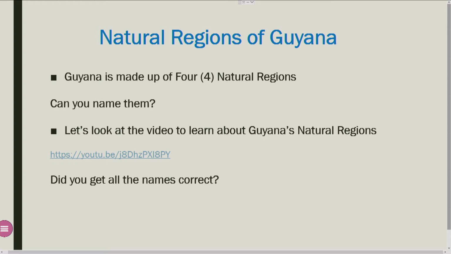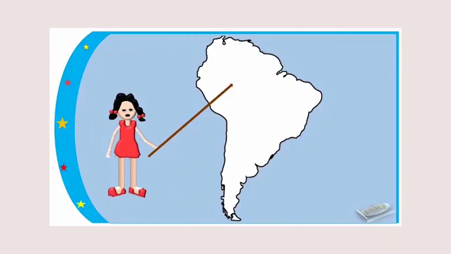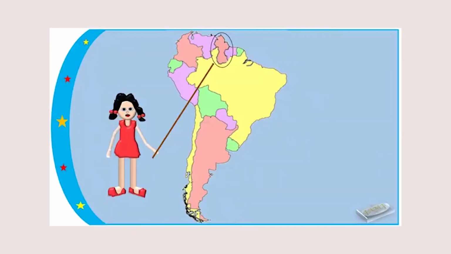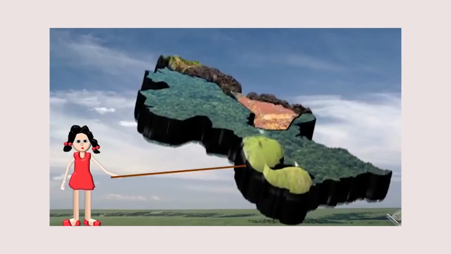Let's look at the video to learn about Guyana's natural regions. This is South America. South America has 13 countries. Today, we'll take a look at our own country, Guyana. These are Guyana's natural features.